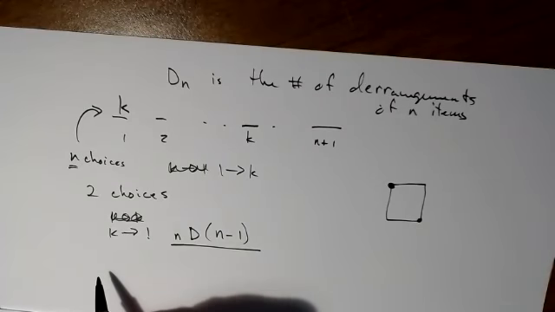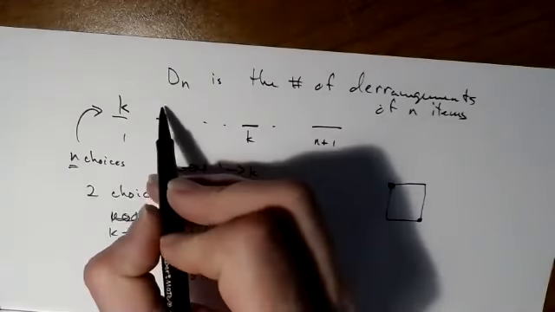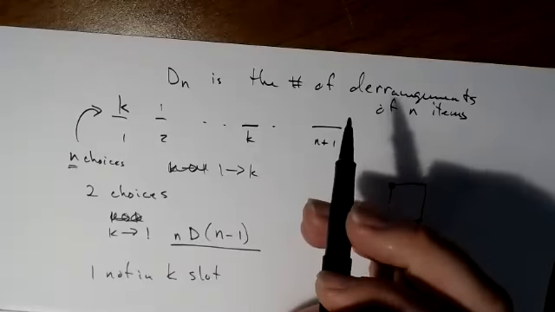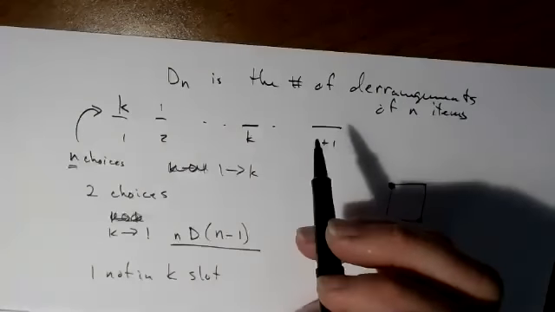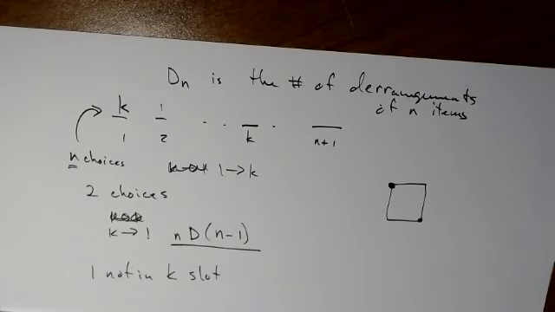If I put the 1 somewhere else, then how can I fill the remaining slots? Let's see. So if I put the 1, say I put the 1 here instead of over there. So now I have, let's see.